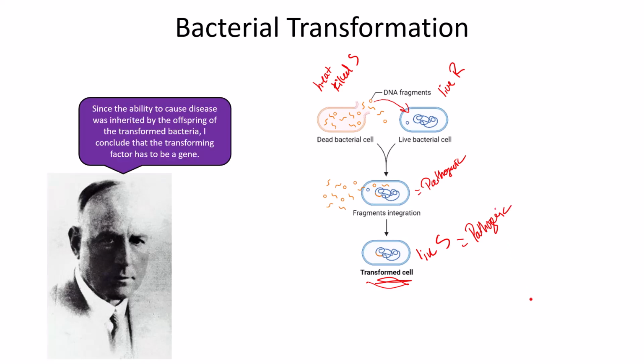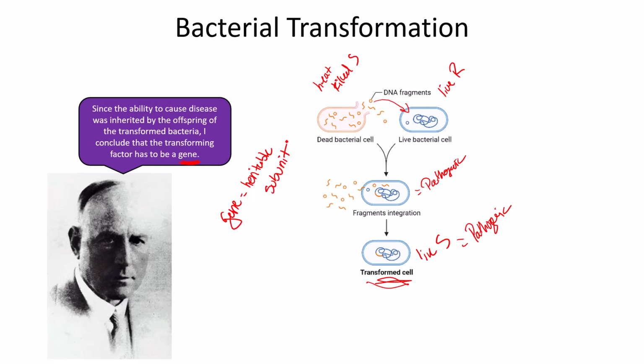So, since the ability to cause disease was inherited by the offspring of the transformed bacteria, I conclude that the transforming factor has to be a gene. And that is a key term here, a gene being a sequence of DNA that codes for a protein, which we will get more in depth into as we talk through DNA and genetics.